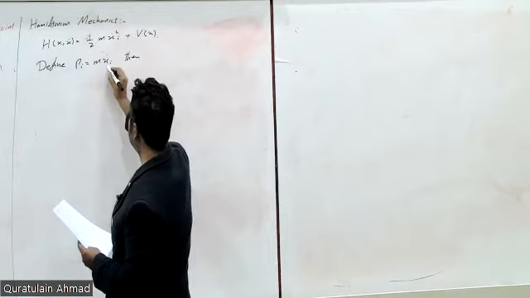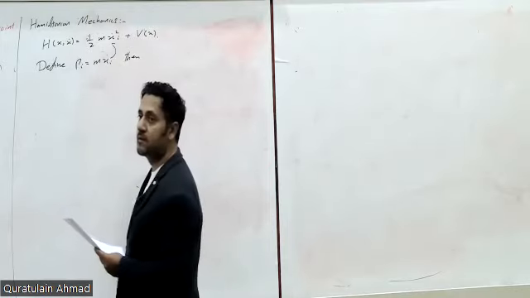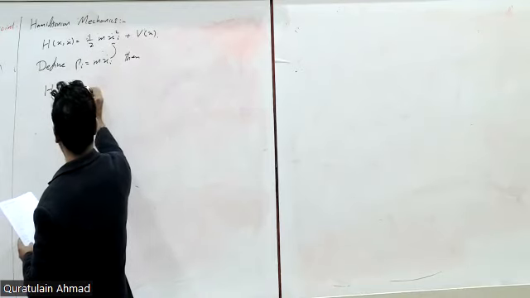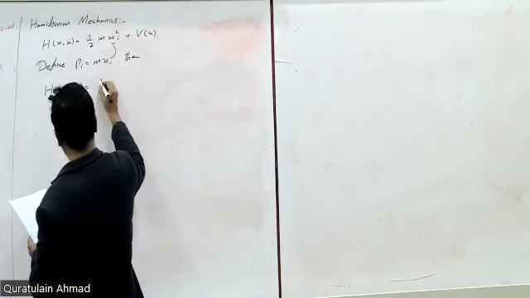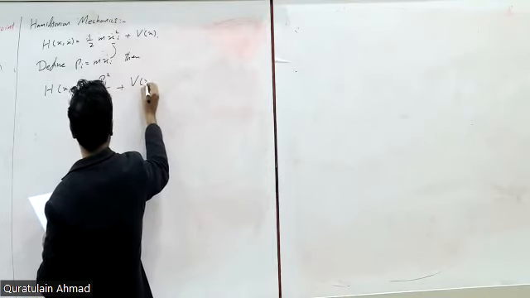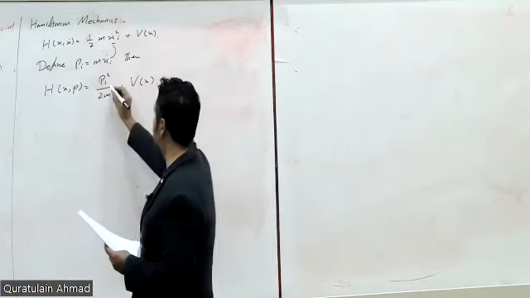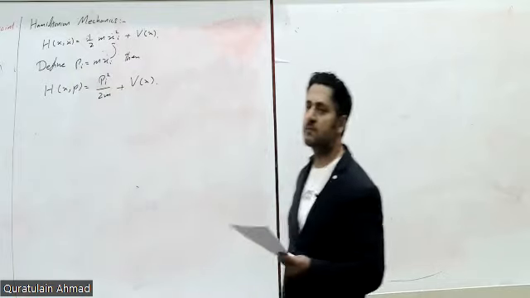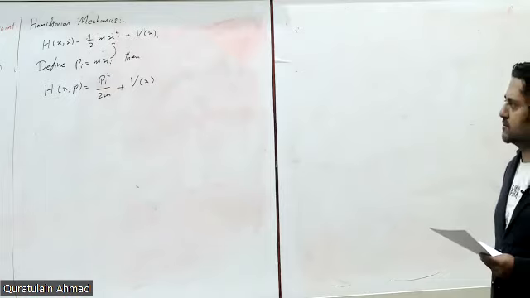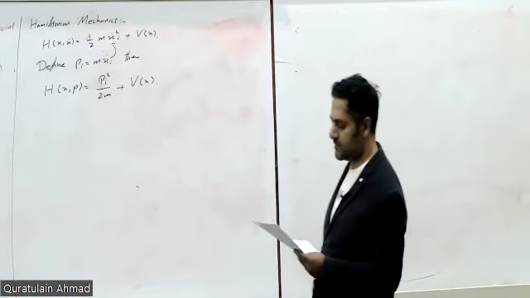Then you want to replace this over here. Then this H becomes a function of x and p, and you get this. So it's sort of like, not sort of, exactly kinetic energy plus potential energy.